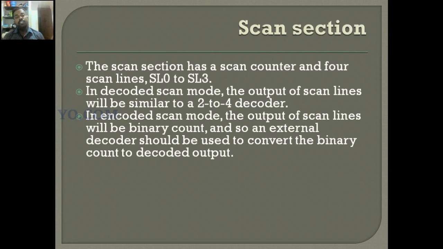The scan section has a scan counter and 4 scan lines, that is scan lines SL0 to SL3. In decoded scan mode, the output of the scan lines will be similar to a 2 to 4 decoder.